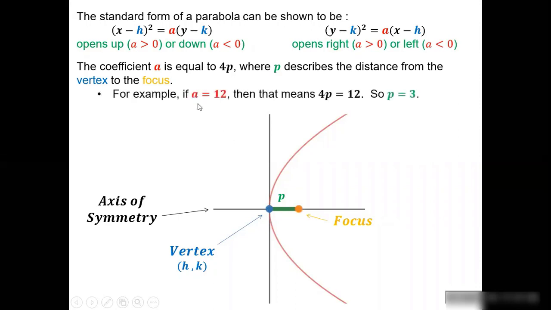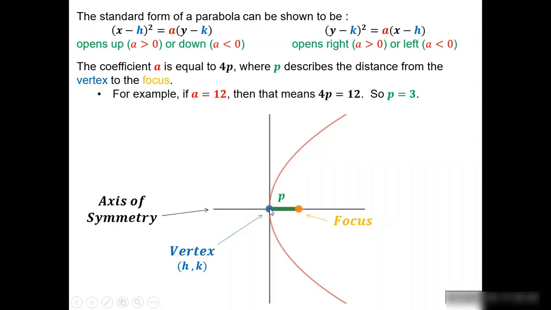So, for instance, if the a value happens to be 12, then that means that 4p is equal to 12. And if 4p is equal to 12, then the p value would be 3, and therefore the focus would be 3 units away from the vertex.